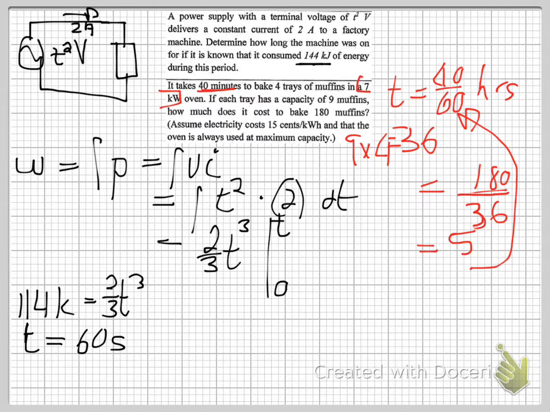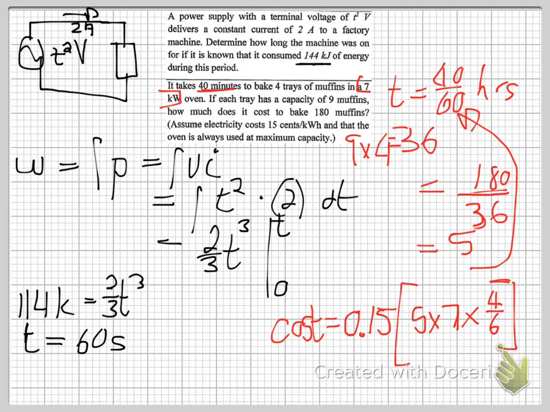So your cost is equal to 0.15, because it costs 15 cents per kilowatt hour, multiplied by 5, since we do this process 5 times, multiplied by the 7 kilowatt oven, and each time takes 4/6 hours, which is 40/60. This gets you to your cost of $350.